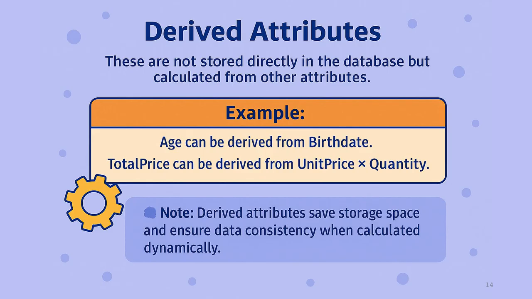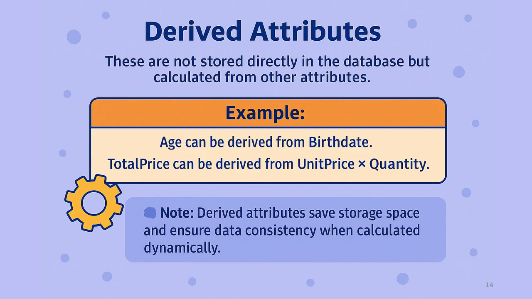And now let's go to the derived attributes. The derived attributes are not stored directly in the database, but they can be calculated from other attributes. For example, we don't need to add the age of the employee or of the student.